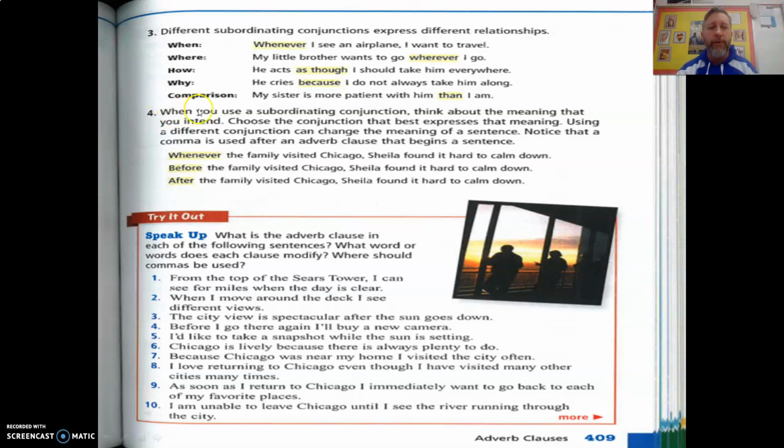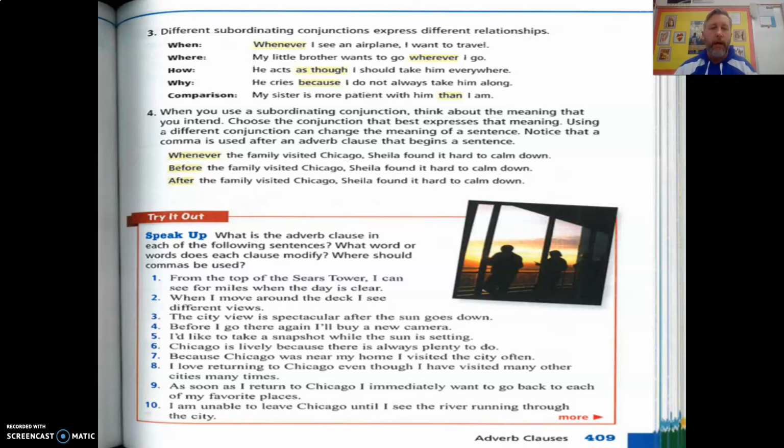Number 4, when you use a subordinating conjunction, think about the meaning that you intend. Choose the conjunction that best expresses that meaning. Using a different conjunction can change the meaning of a sentence. Notice that a comma is used after an adverb clause that begins a sentence. So any subordinate clause that begins a sentence, you will need a comma after it, and you know that because it's a complex sentence.